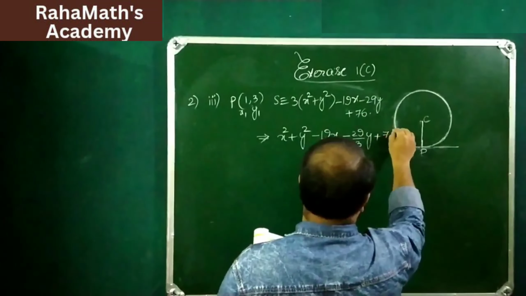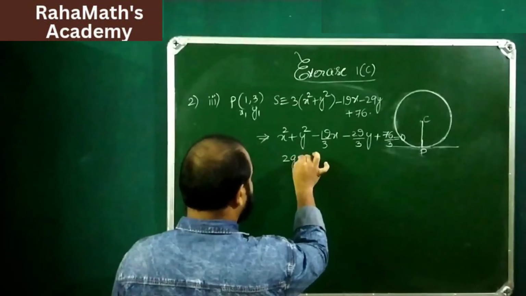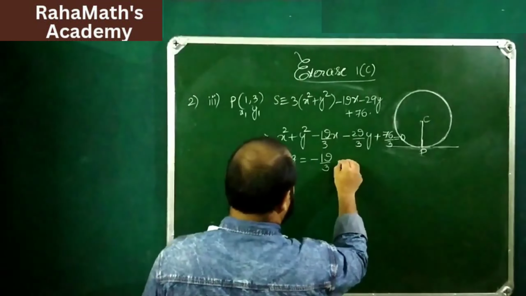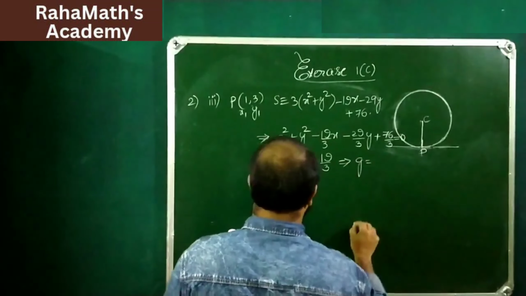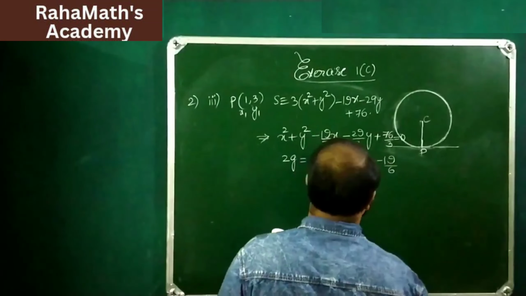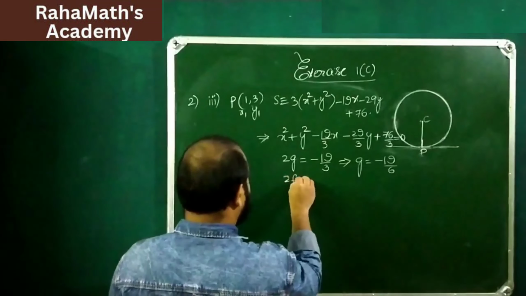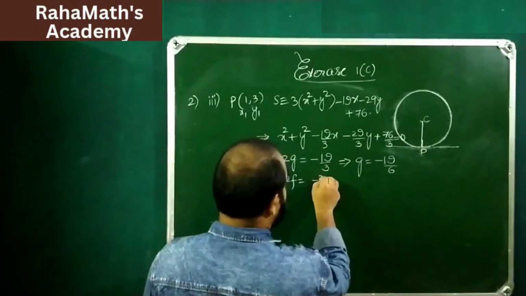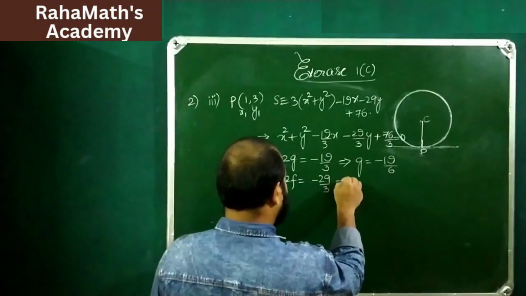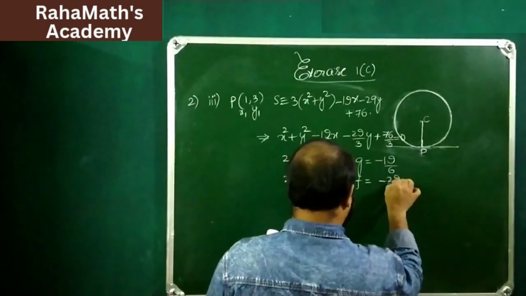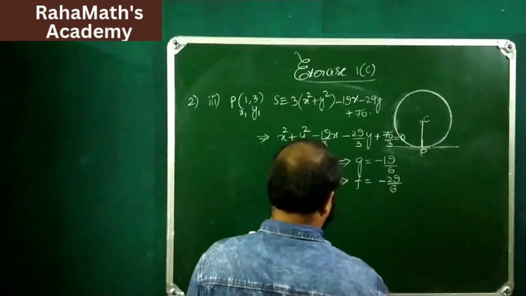Now here, 2g is equal to minus 19 by 3, implies g is equal to minus 19 by 6, and 2f is equal to minus 29 by 3, implies f equals minus 29 by 6.